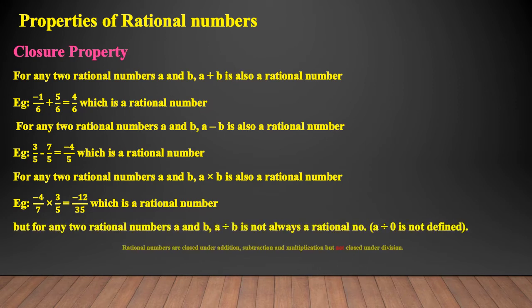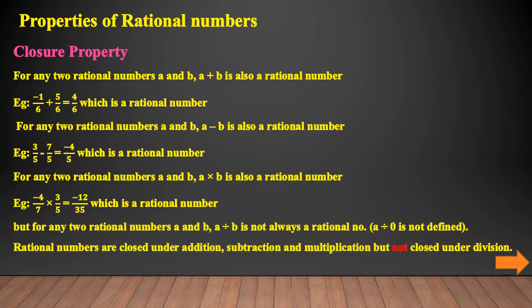But for any two rational numbers, a divided by b is not always a rational number. It is a rational number when the denominator is not equal to 0. Otherwise, it is not. So rational numbers are closed under addition, subtraction and multiplication, but not closed under division.